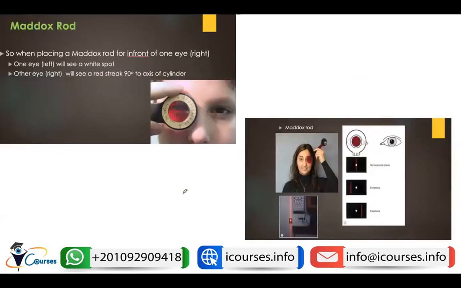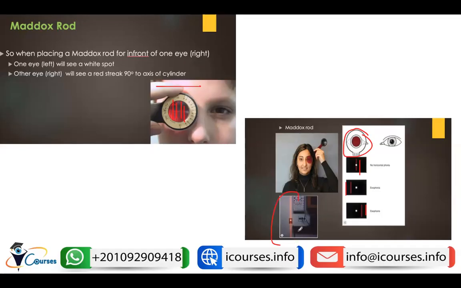This is correct. So if we place the Maddox rod vertically, what we see is a horizontal line. On the other hand, if we place the Maddox rod horizontally, what we see is a vertical line like this. So the retinal image is perpendicular to the axis.